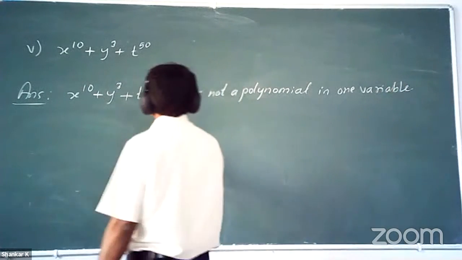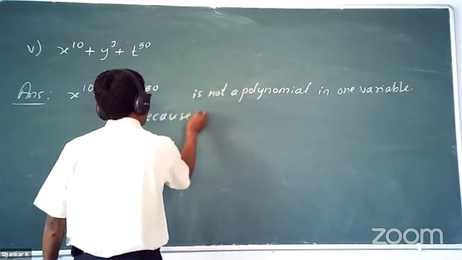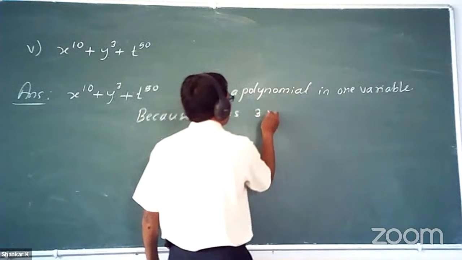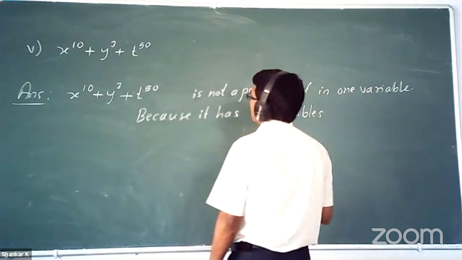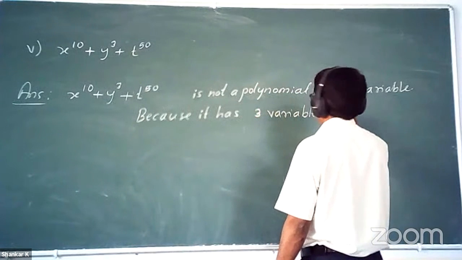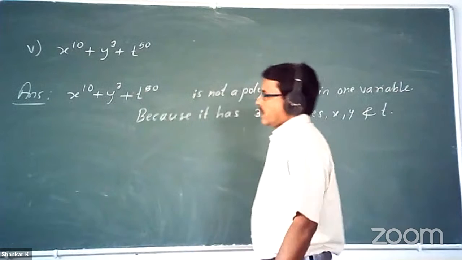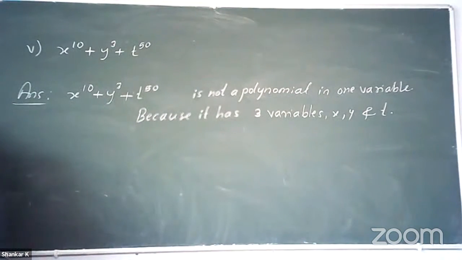The reason is that it has 3 variables: x, y, and t. We need a polynomial in one variable, but this has 3 variables.